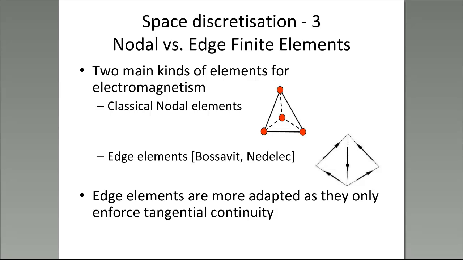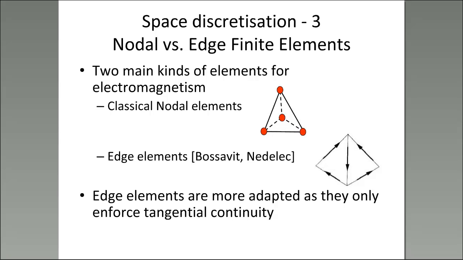And so this is what can mostly be used for electromagnetic computation. Why do we use those elements? Because they are more adapted, because they only enforce tangential continuity of the field. You know that in electromagnetism, the H field, for example, has only a tangential continuity and not a normal continuity.